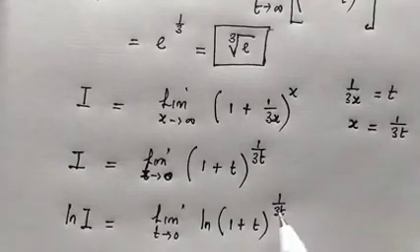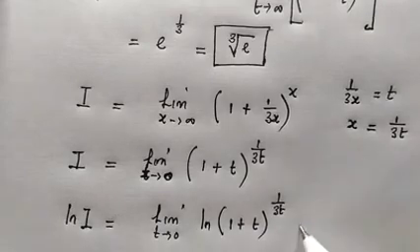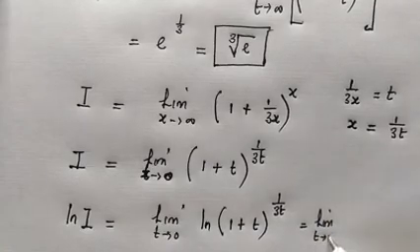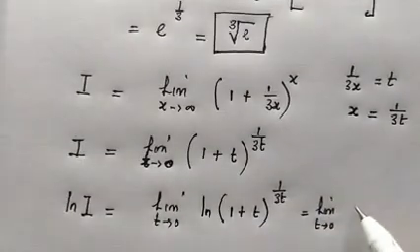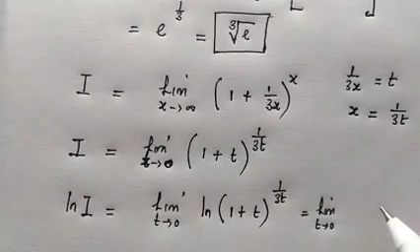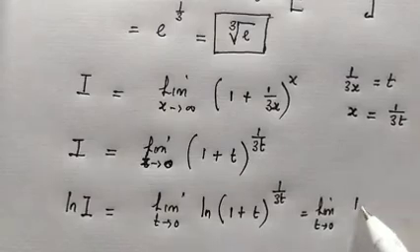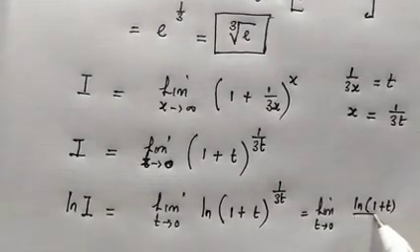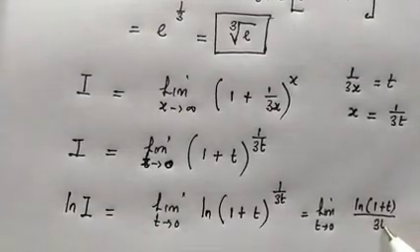With the property of logarithm, this power comes down, right? So we get this is equal to limit as t is approaching 0 of 1 over 3t times ln of (1 + t), which is same as ln of (1 + t) divided by 3t.